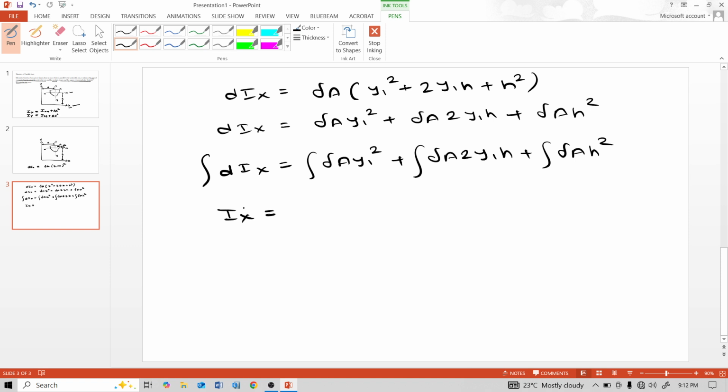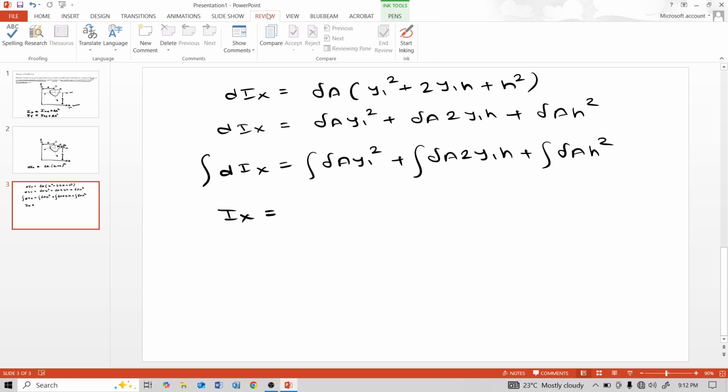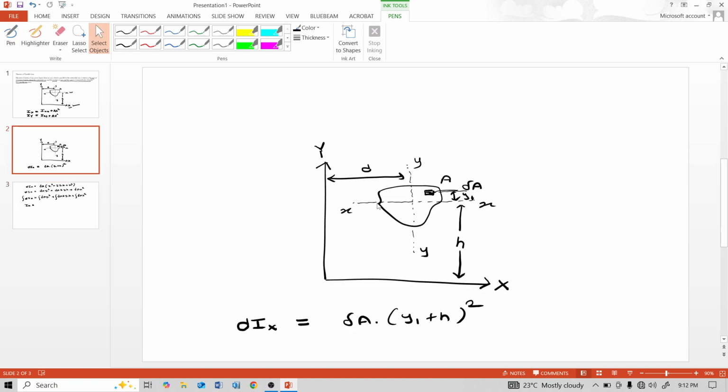Ix is equal to integration of dA into y1 square. See, moment of inertia about this small x axis, that means Ixx, is equal to integration of dA into y1 square.